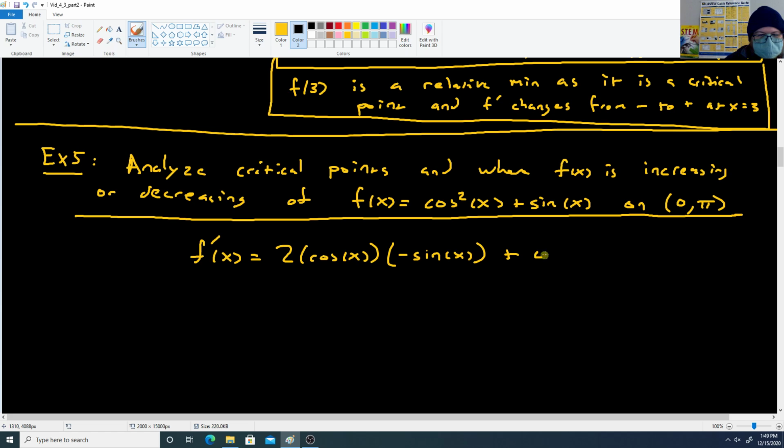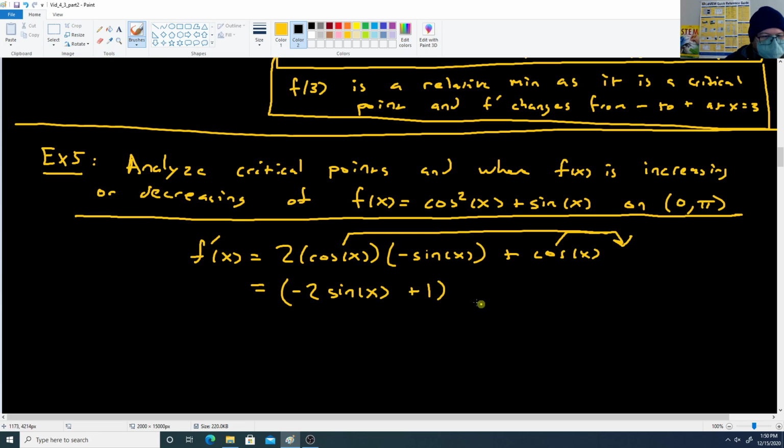Plus derivative of sine's cosine. These both have a cosine in it, so I'm going to factor the cosine out. And we'll get negative 2 sine of x plus 1 times cosine of x. This is my f prime of x.